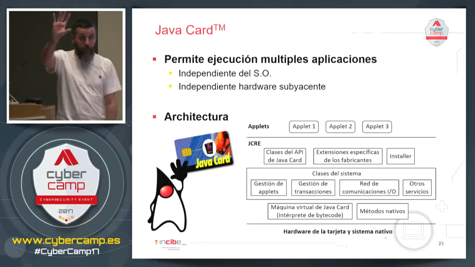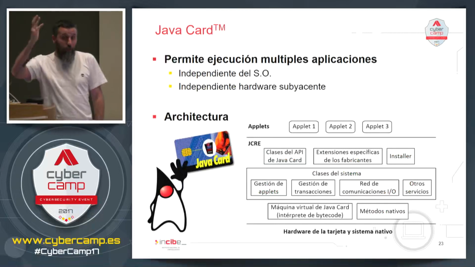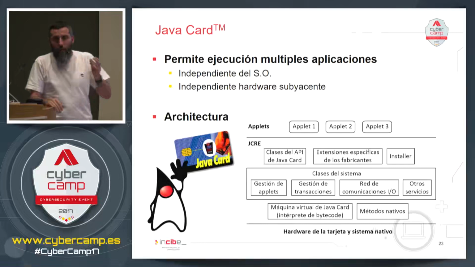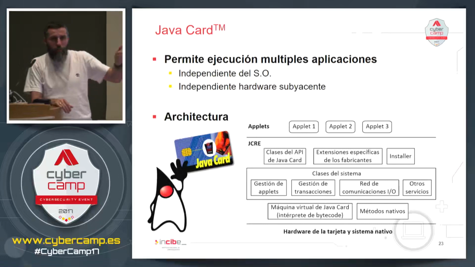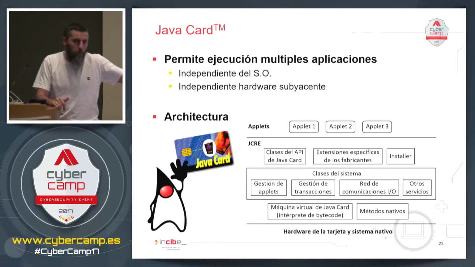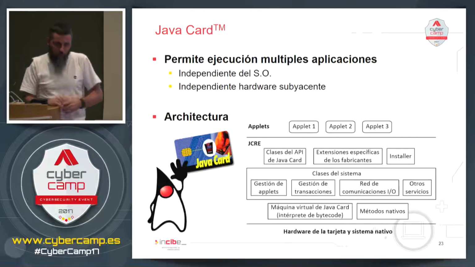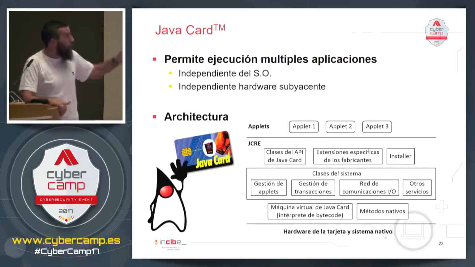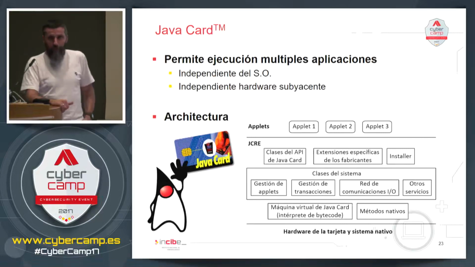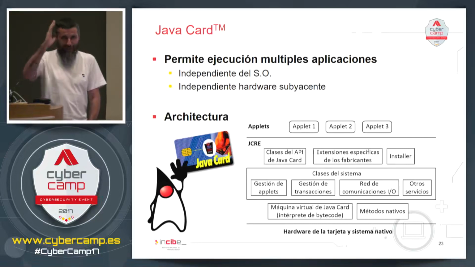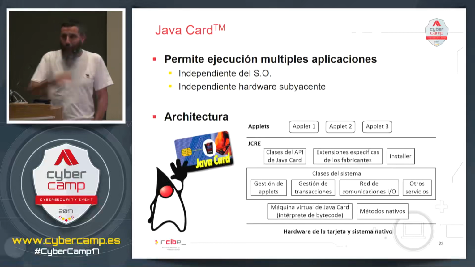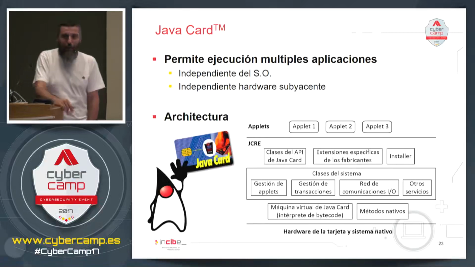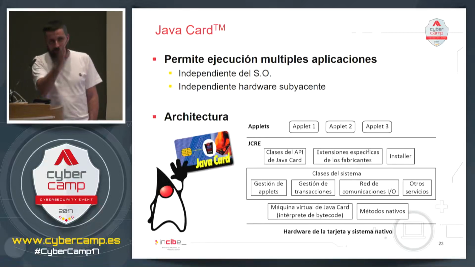So, multi-applications. We are interested in multiple applications. There are many operating systems for this. Some of them are based on .NET, but the most evolved system is Java Card. Java. Well, it rings a bell if you know how to program in Java.